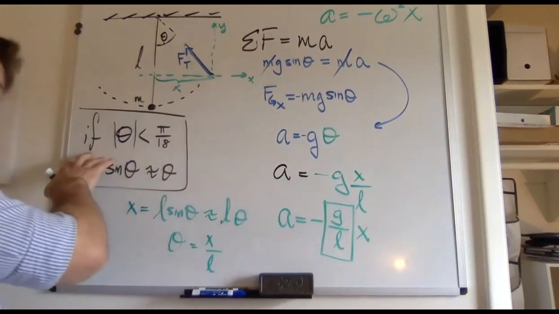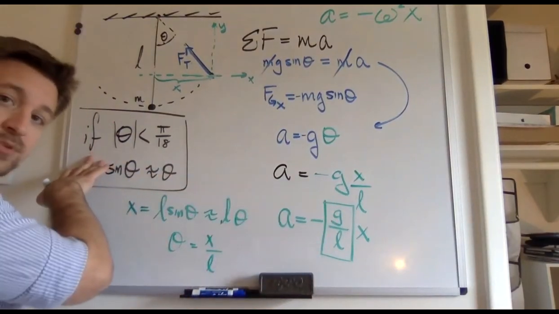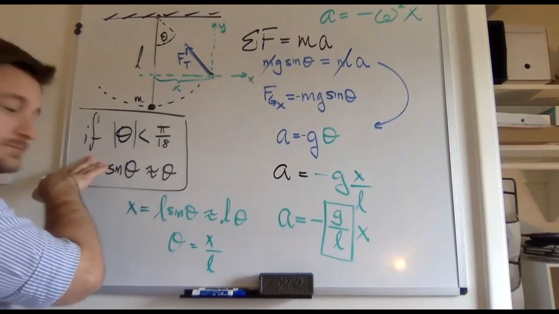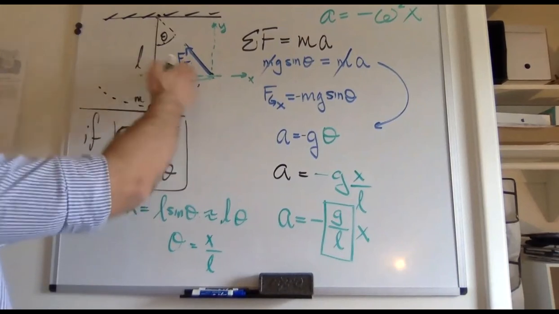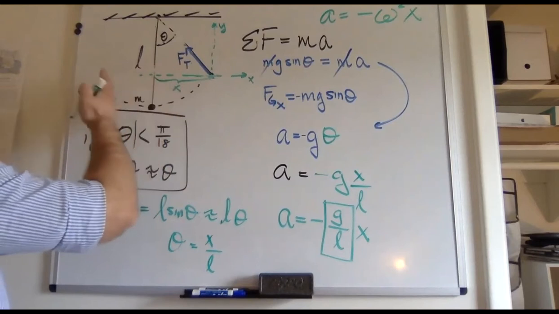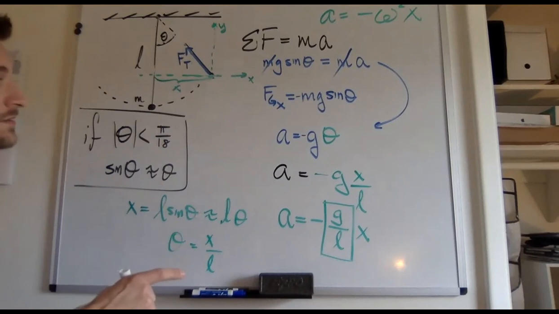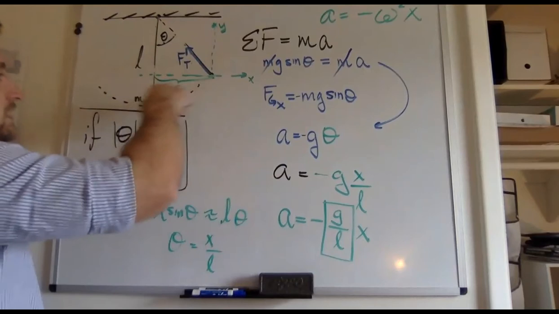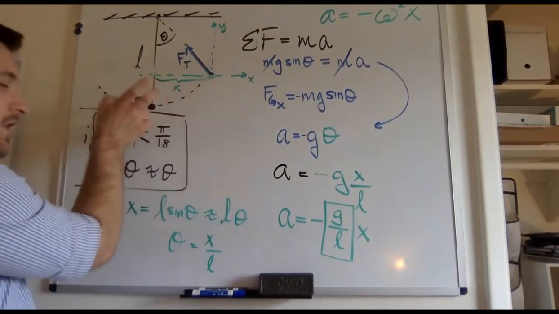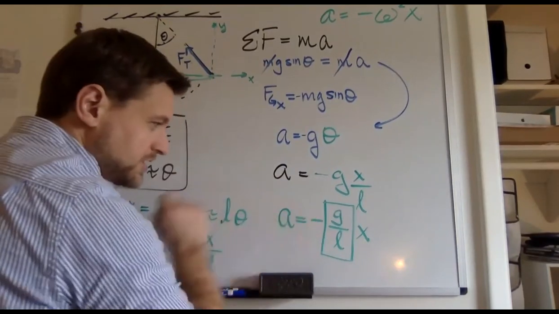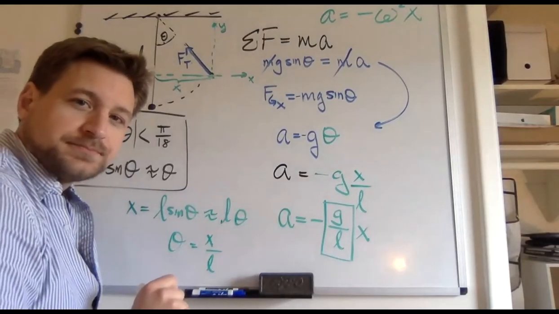As long as we're talking about small amplitude swings. As long as we stay within about 10 degrees, one side or the other, then we can show, or at least we can argue, that pendulum motion is, for small angles, just simple harmonic motion.